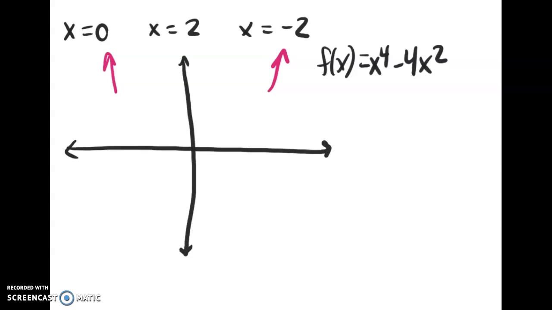And now I also know that I will have an x-intercept at negative 2, at 0, and at positive 2. That's going to be part of the puzzle in order to draw this graph. And so that's why the graph of this will look like this.